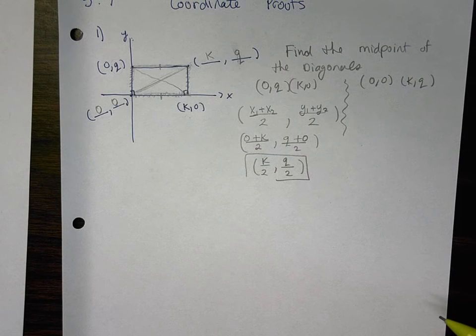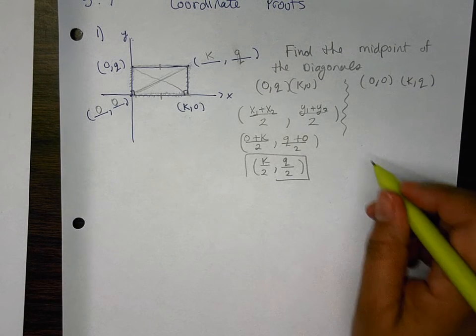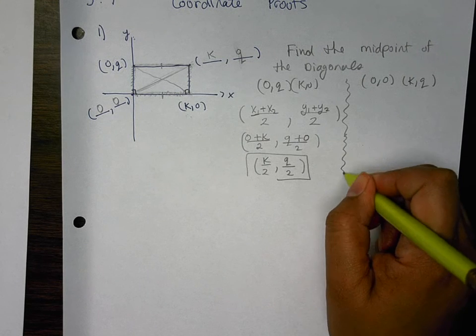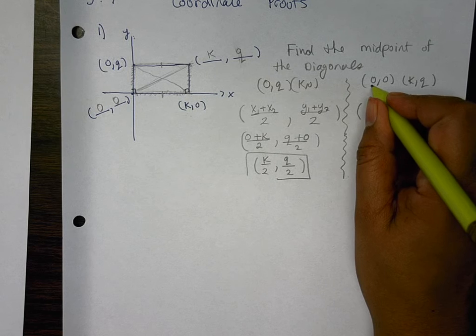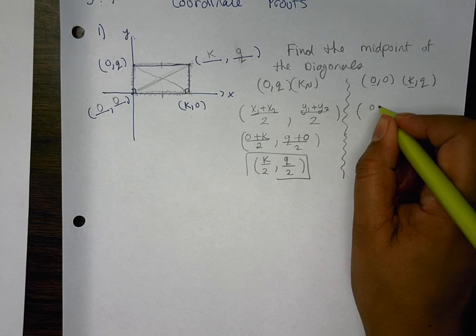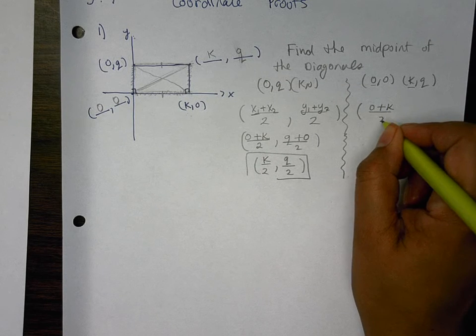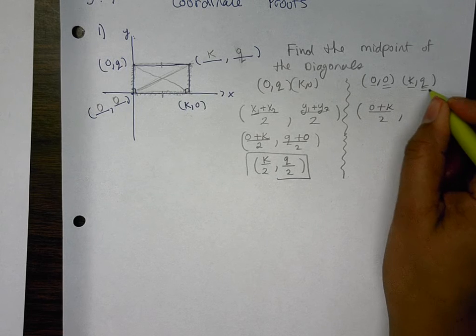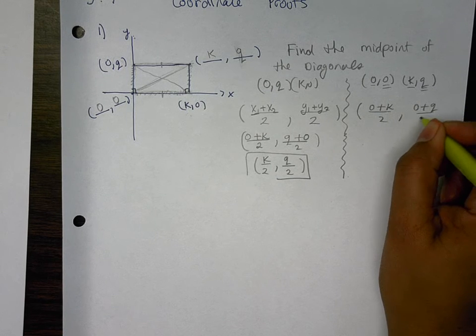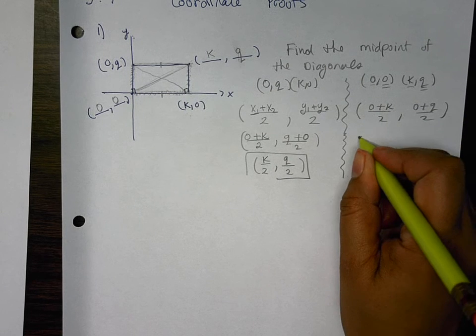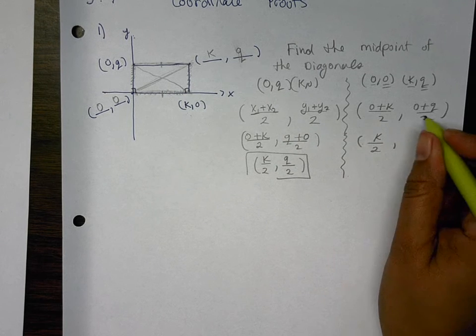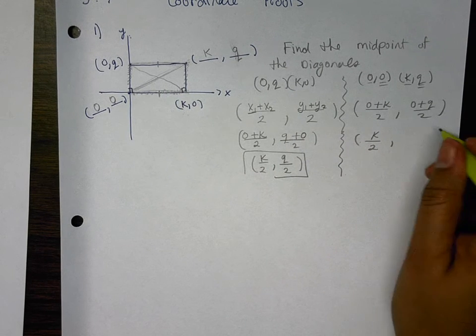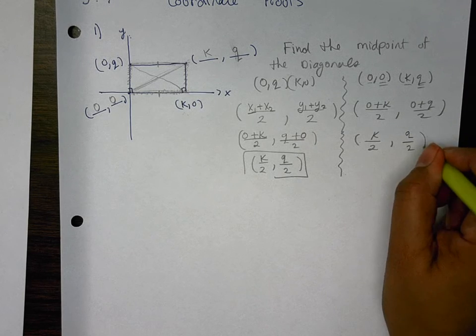Okay. Next one we're going to do the same thing. I'm not going to write the formula down because I already have it down. So it's 0 plus what, over 2, comma, 0 plus what, over 2? 0 plus K is just K over 2, and 0 plus Q is just Q over 2.